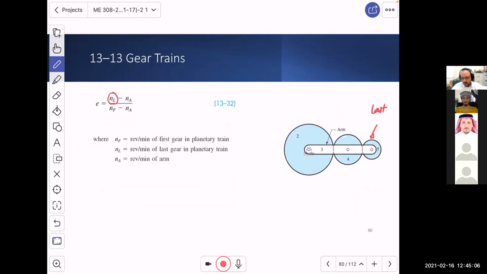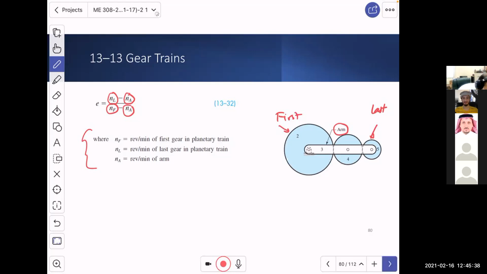And we know that NA is the arm, and NF is the first, and this one is NA again. So as it says here, NF is the RPM of the first gear in the planetary train, NL is the last gear in the planetary train, and NA is the rotation of the arm.